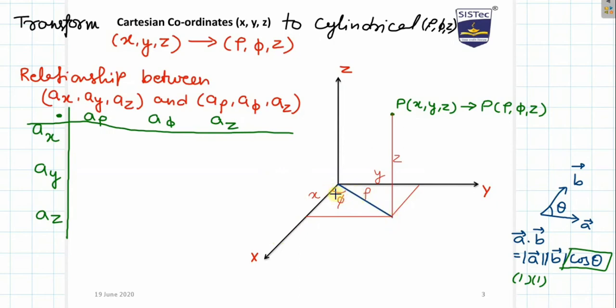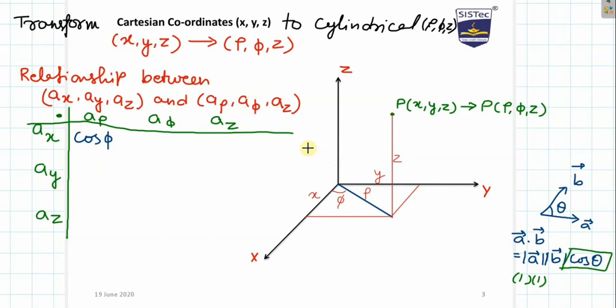What is the angle between the two? Phi. So obviously it is cos phi. So ax dot a rho will be cos phi.